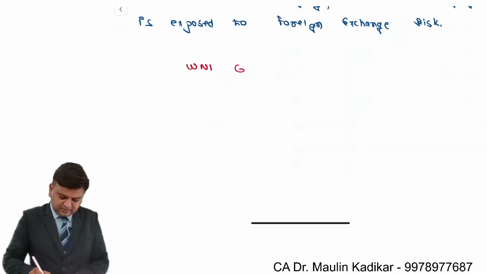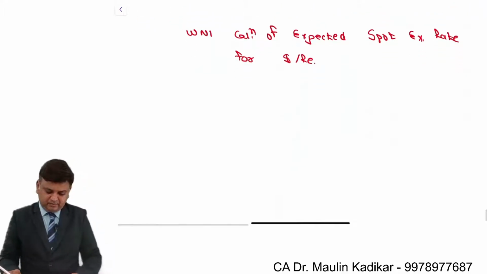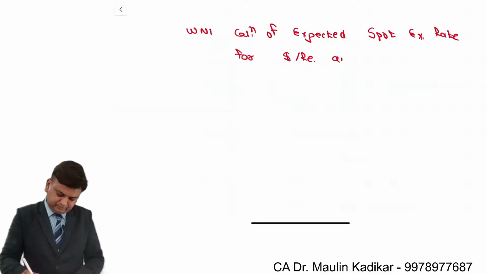Working note number 1, calculation of expected spot exchange rate for dollar per rupee after 3 months.